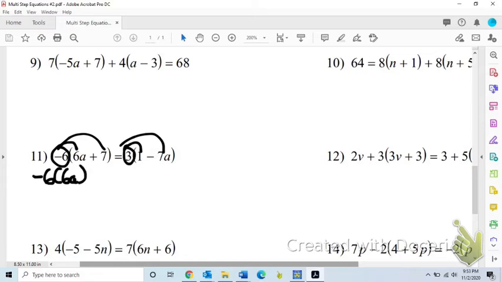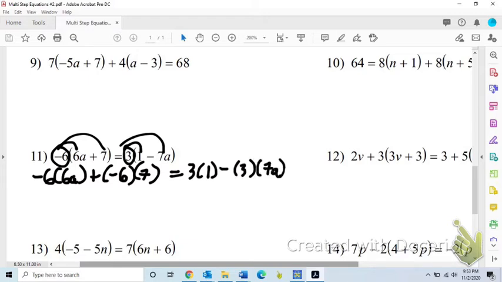Negative 6 times 6a plus negative 6 times 7 equals 3 times 1 minus 3 times 7a. Negative 6 times 6a is negative 36a, plus negative 6 times 7, negative 42. 3 times 1 is 3, and 3 times 7a is 21a.